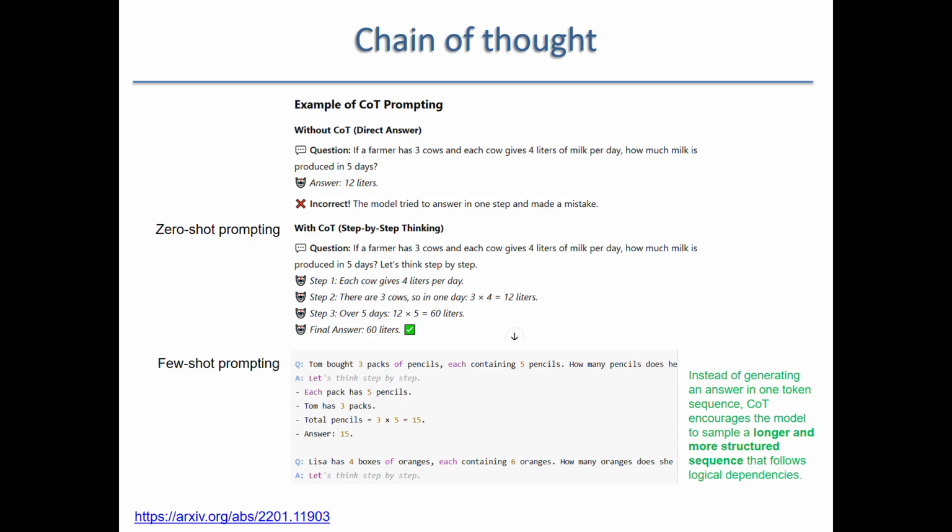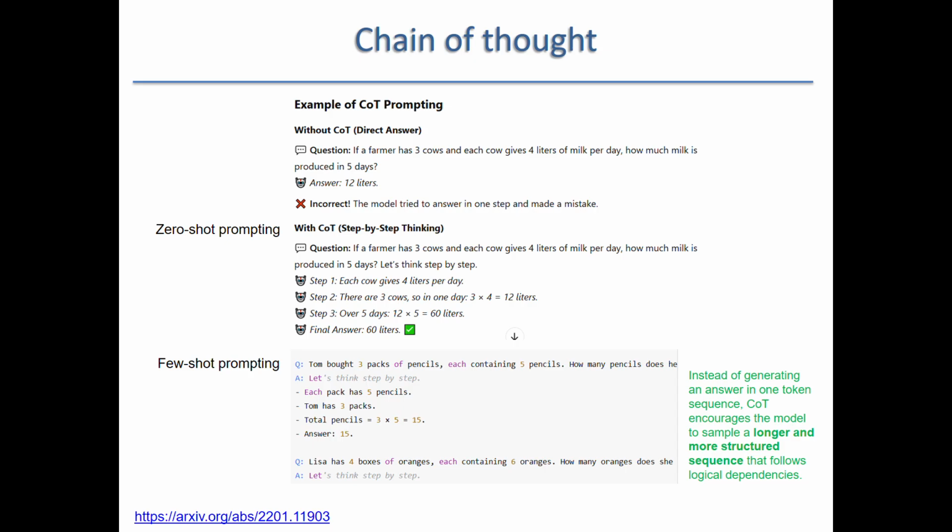So the zero shot prompting with chain of thought is trying to promote step by step thinking. So we pose the same problem, but we add: let's think step by step. So step one, each cow gives 4 liters per day.